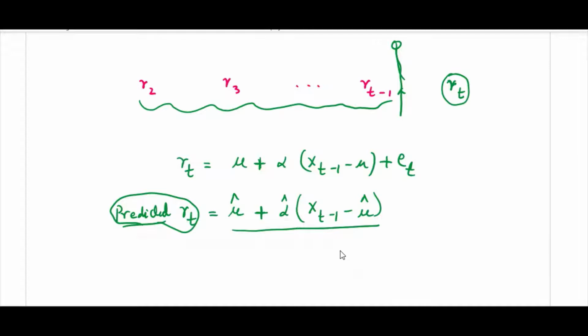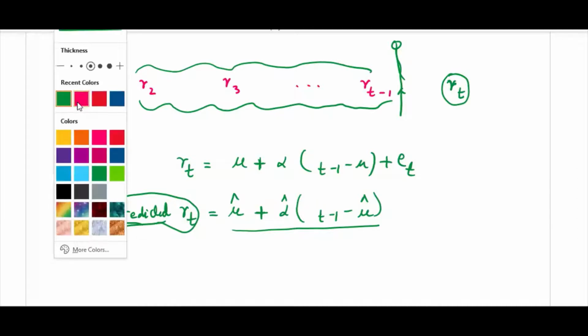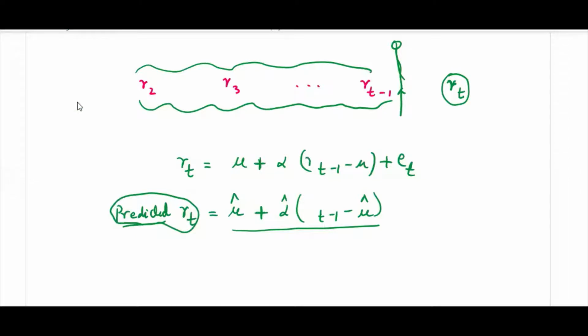You have to estimate using the data available, but in the model, after substituting the estimated values, you need only x minus 1 here. Here the series is R, so I have to write RT minus 1 here.